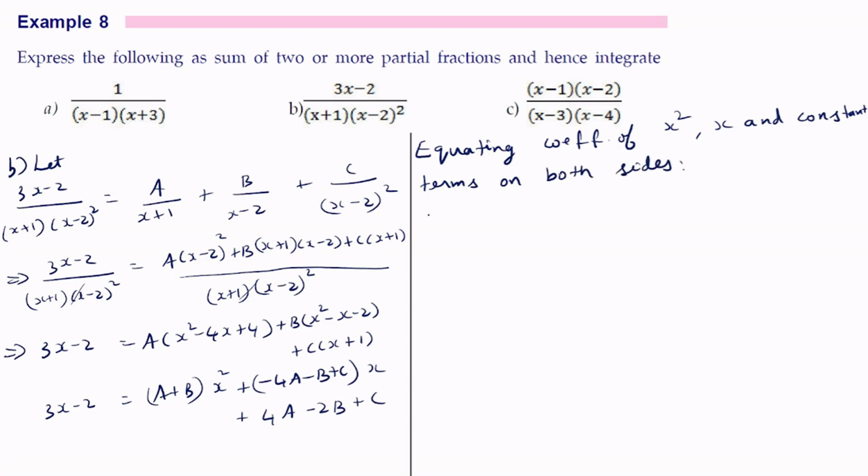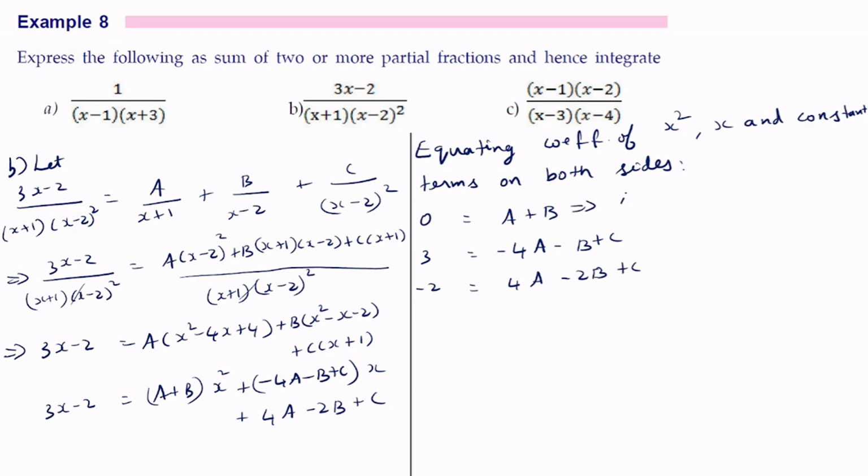So here in the left hand side coefficient of x square is 0, right hand side coefficient of x square is a plus b, then in the left hand side coefficient of x is 3, and on the right hand side coefficient of x is minus 4a minus b plus c, and the constant term on the left hand side is minus 2. On the right hand side it is 4a minus 2b plus c.